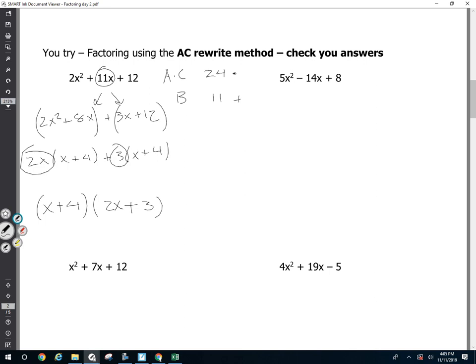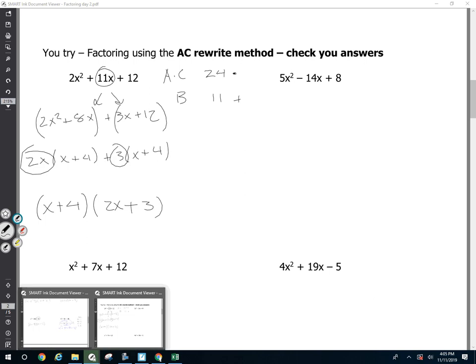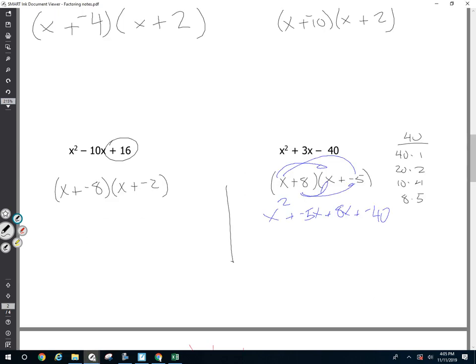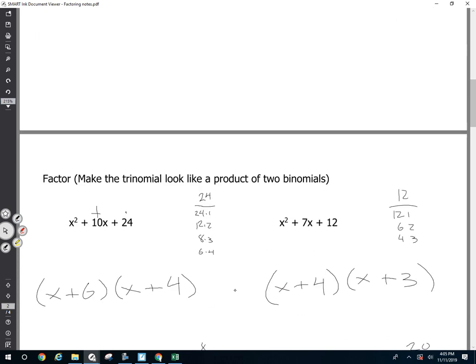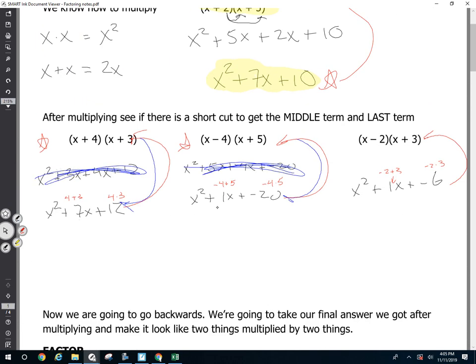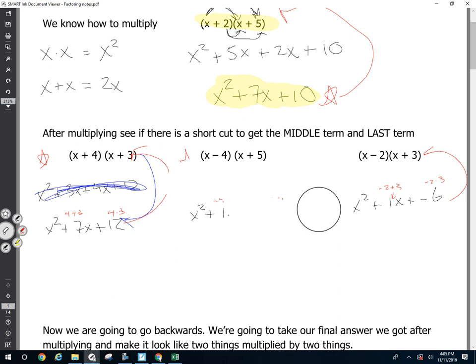Okay, if you think about it, we are going literally step by step the backwards way. We could have said back here, this is x times x plus 5 and negative 4 times x plus 5.